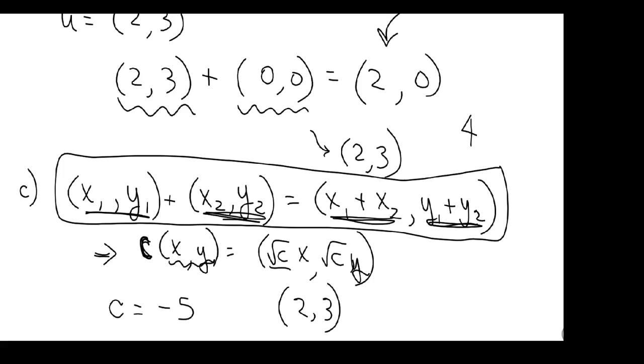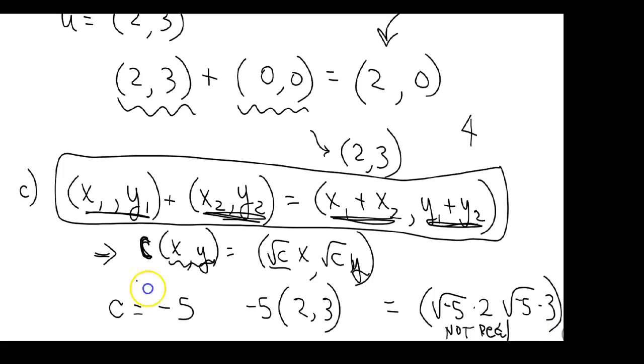Instead of regular scalar multiplication, where I would just distribute -5 over each, it's telling me that I'm supposed to say the square root of -5 times 2 and the square root of -5 times 3. Well, we can't do that because the square root of -5 is not real. So this operation isn't going to work for any scalar. Therefore, it breaks that axiom.